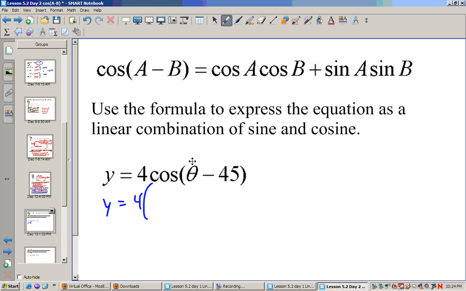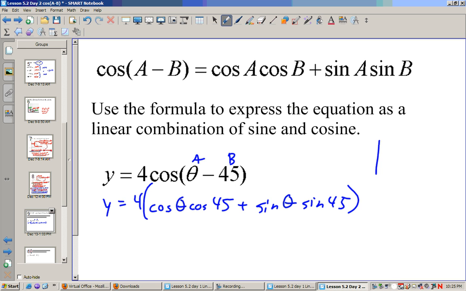So this would be my A, this would be my B. I could write this as cosine theta cosine 45 plus sine theta sine 45. Now, we all know that the sine and cosine of 45 is the same, which is root 2 over 2.